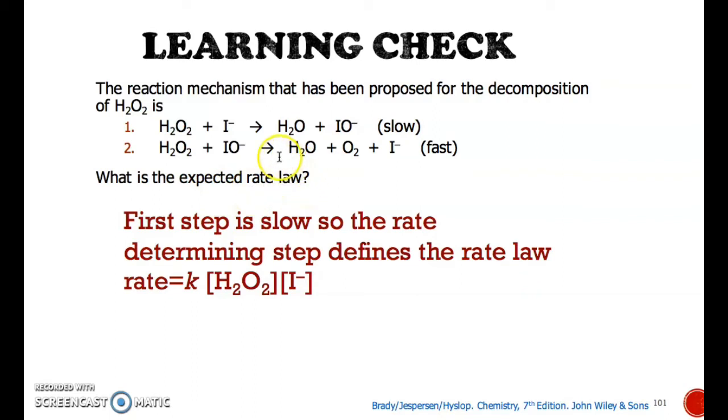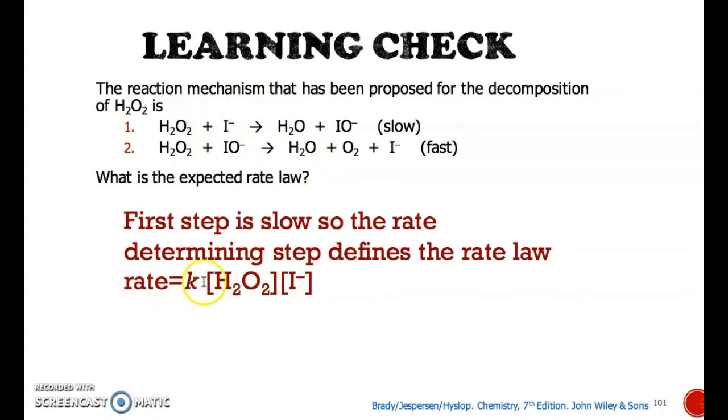If you want to identify the rate law, we look at the first step, which is slow. The slow step is the rate determining step, meaning that it defines the rate law of this mechanism.